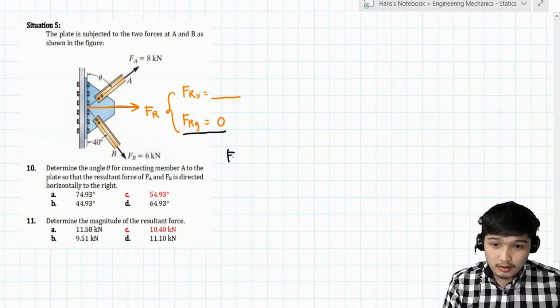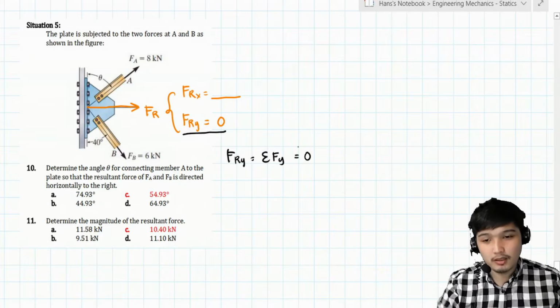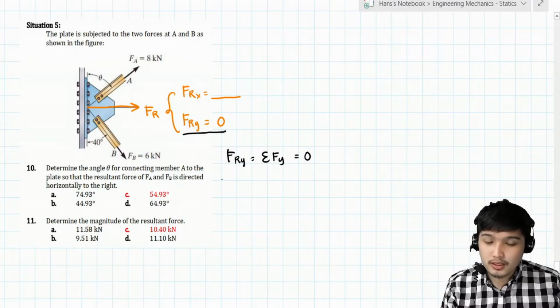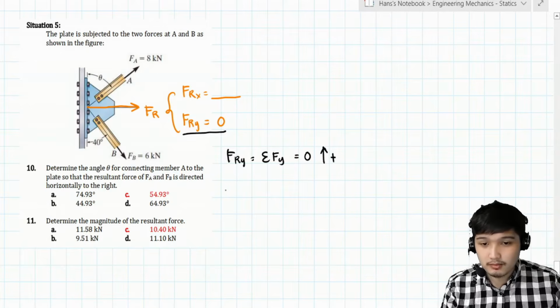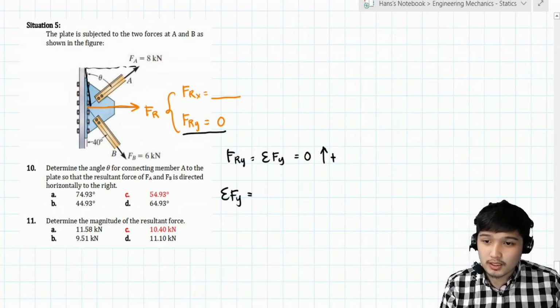Okay? So, yung FRY is just the summation ng lahat ng forces along Y. So, sabi natin, kailangan magsisiro siya. Wala siyang vertical component. So, considering yung figure, ayan, consider natin yung forces upward positive. Okay, so summation of forces along Y equals, yung FA, vertical component niya is pataas.